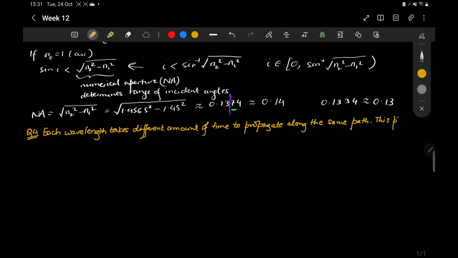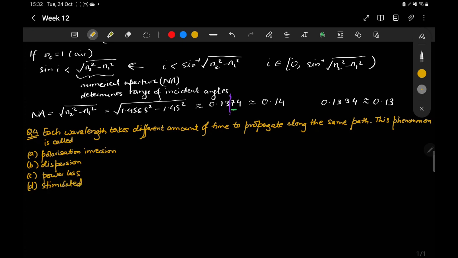This phenomenon is called A. Polarization inversion, B. Dispersion, C. Power loss, or D. Stimulated emission. Very simple question. Please take about a minute to answer.